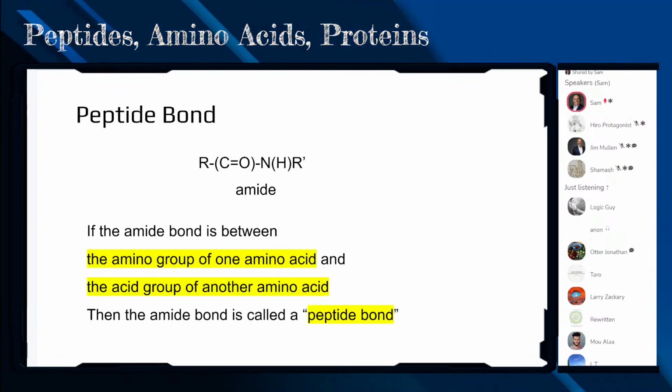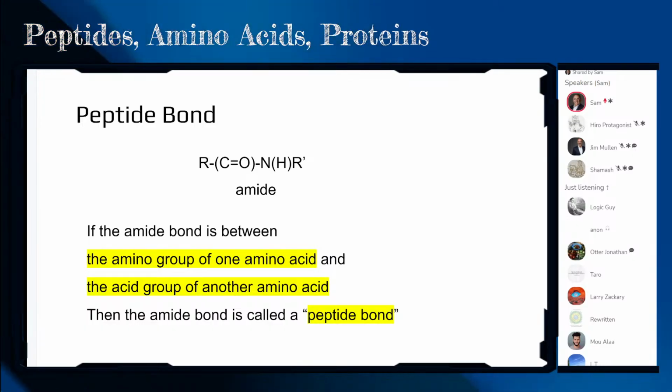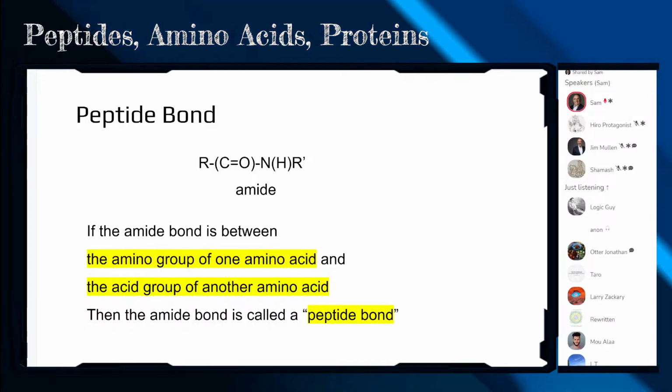If this amide bond is between two amino acids, meaning the amino of one amino acid and the acid of another amino acid, then this amide bond is called a peptide bond.